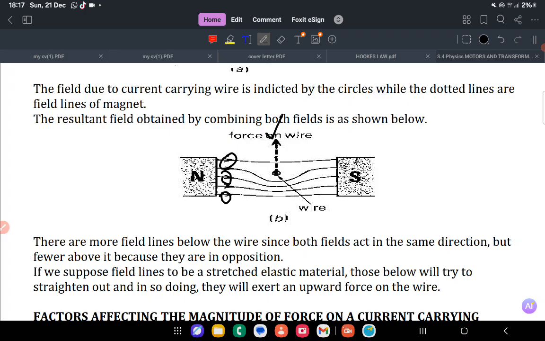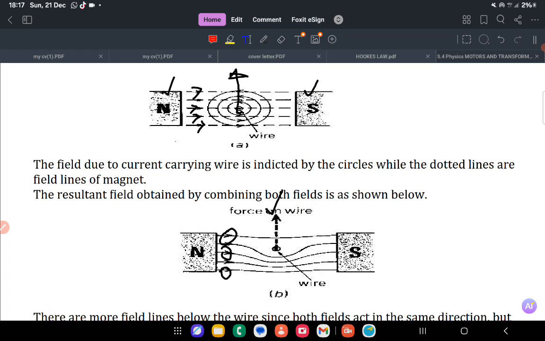So there are more field lines below the wire since both fields act in the same direction, but fewer above it because they are in opposite directions. Okay, let me take you back a little bit, just to remind you that a current carrying wire also has a magnetic force.